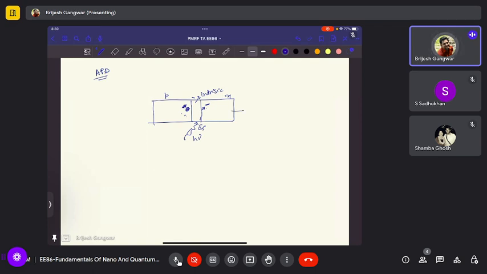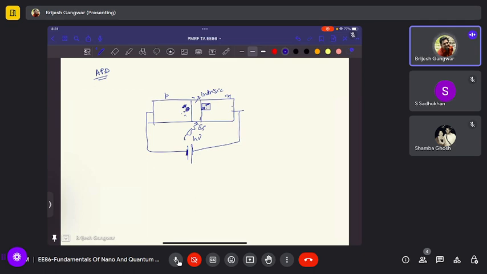If you have a battery, this is positive and this will be negative. The electron goes to the positive side, and the hole is attracted to the negative side. So that will be the generation of electron. But one photon can be absorbed, so only one electron can be generated.